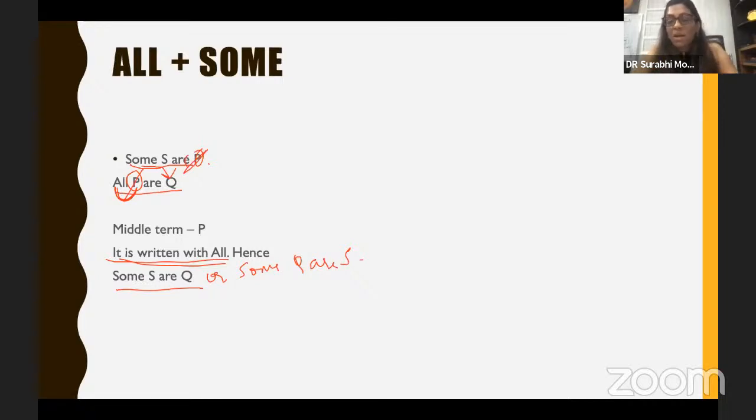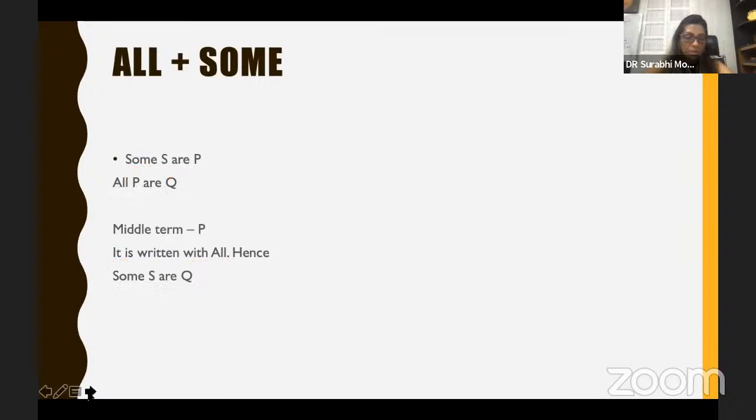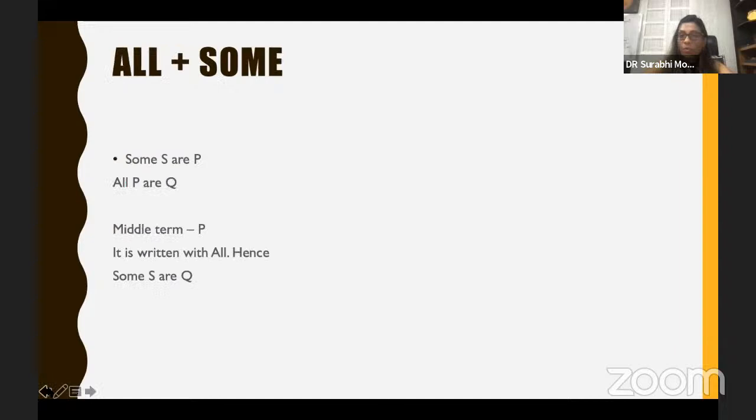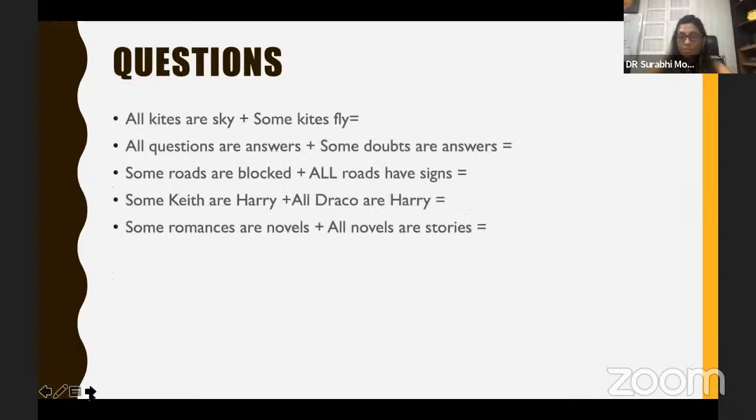Whatever remains, some SRQ or some QRS, will be your answer. So this is the simplest of all. Right? Wherever the middle term is not written with all, you don't get an answer. So let's quickly do some questions here.